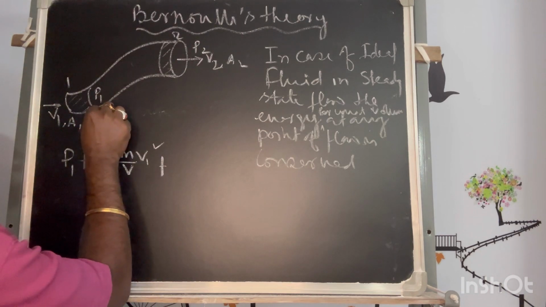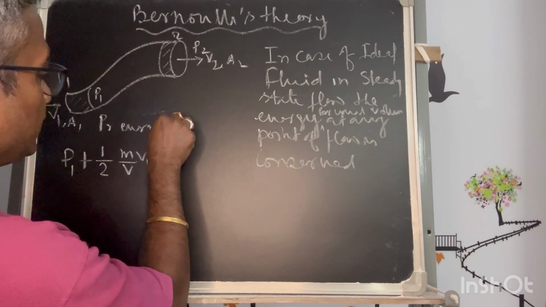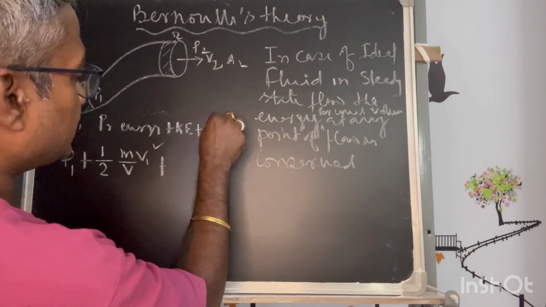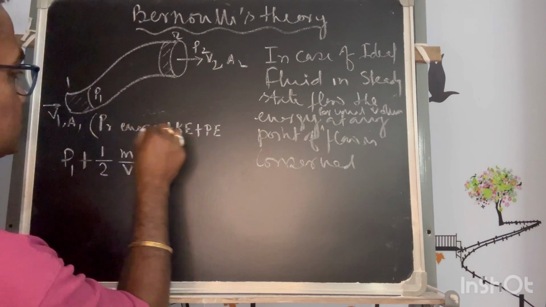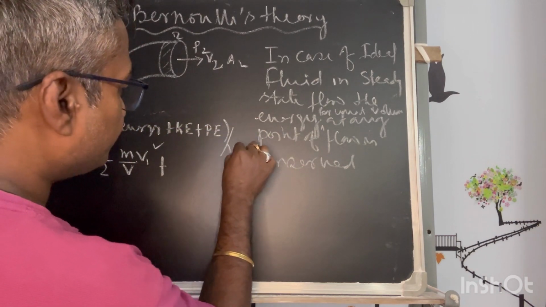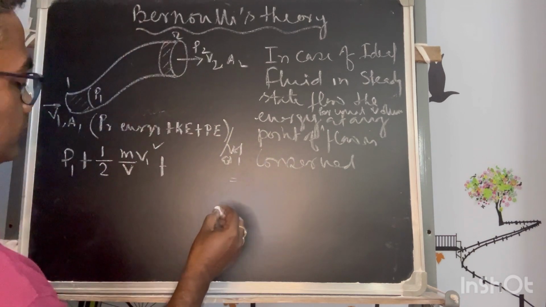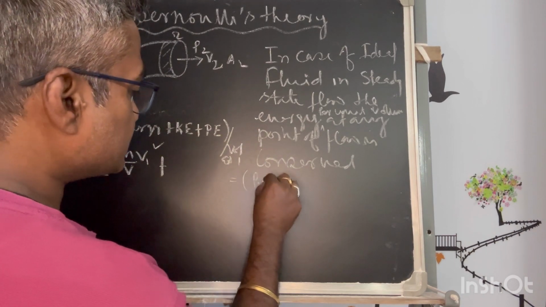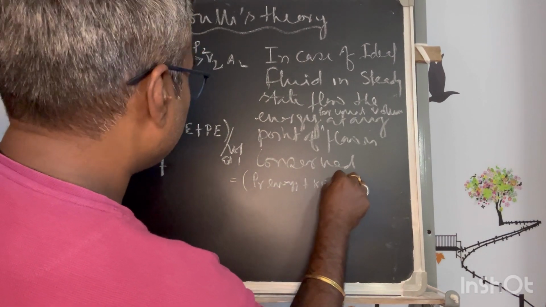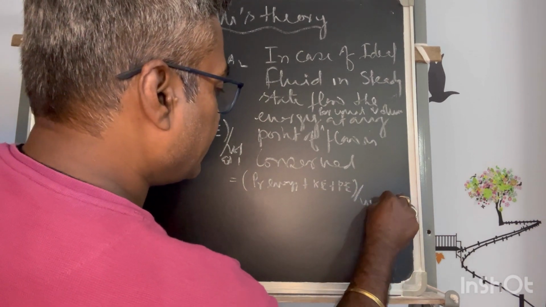The equation will be the pressure energy plus kinetic energy plus potential energy. So this, per volume at point 1, equals the same pressure energy plus kinetic energy plus potential energy per volume at point 2.